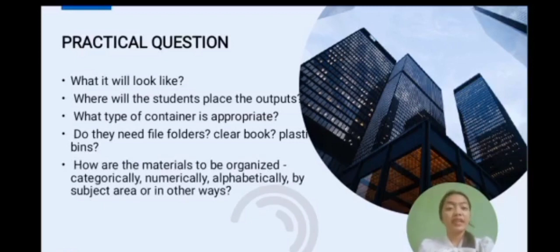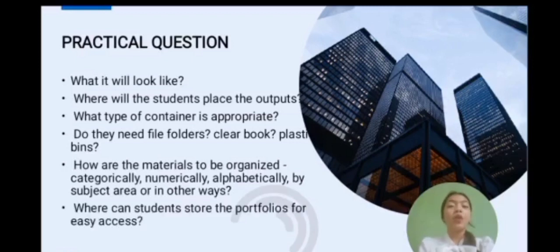Is it categorically, numerically, alphabetically, by subject area, or in other ways? And where can students place or store the portfolios for easy access? These practical questions may be announced during the dissemination of instructions to your students. This may affect the successful use of portfolio in our classroom.